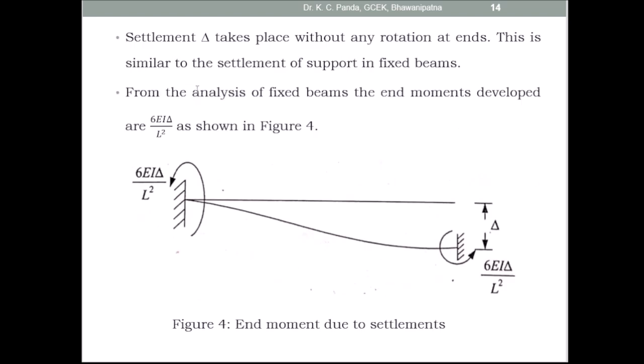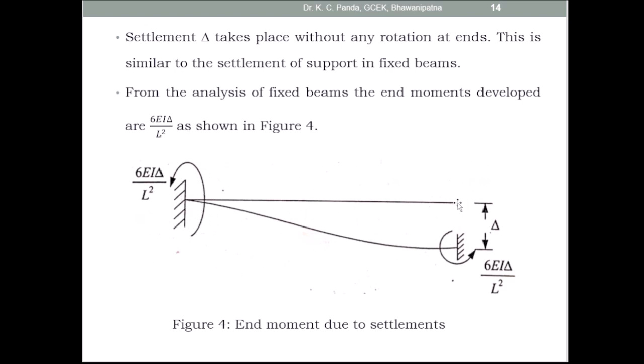Then due to the translational displacement, without any rotation at the ends, the moment developed is 6EI delta by L square. Settlement delta takes place without any rotation at the ends. This is similar to the settlement of support in fixed beams. From the analysis of fixed beams, the end moments developed are 6EI delta by L square. So here you see, this is the right hand, this is the left hand.